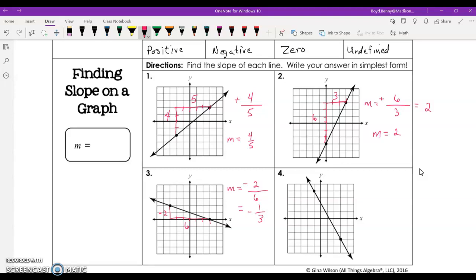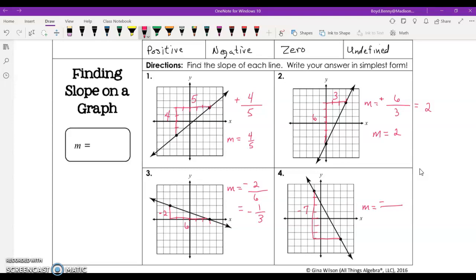Okay, I'd like for you guys to go ahead and try number 4. Okay, guys, I'm going to draw my triangle, just like all the others. In doing so, I notice that this is a negative slope. Okay, so now I'm going to count how much rise. 1, 2, 3, 4, 5, 6, 7.